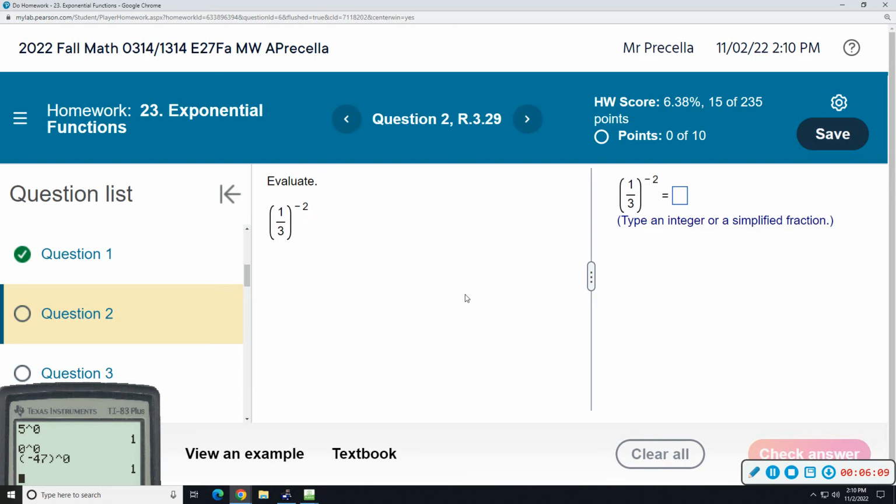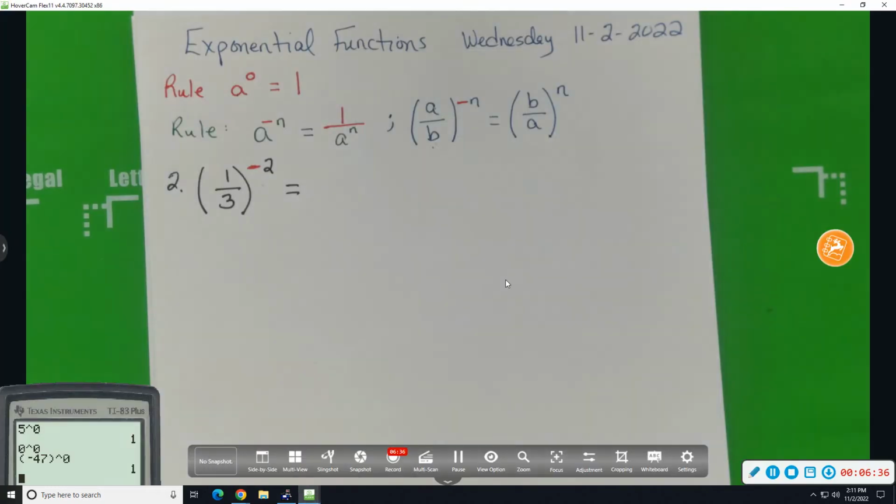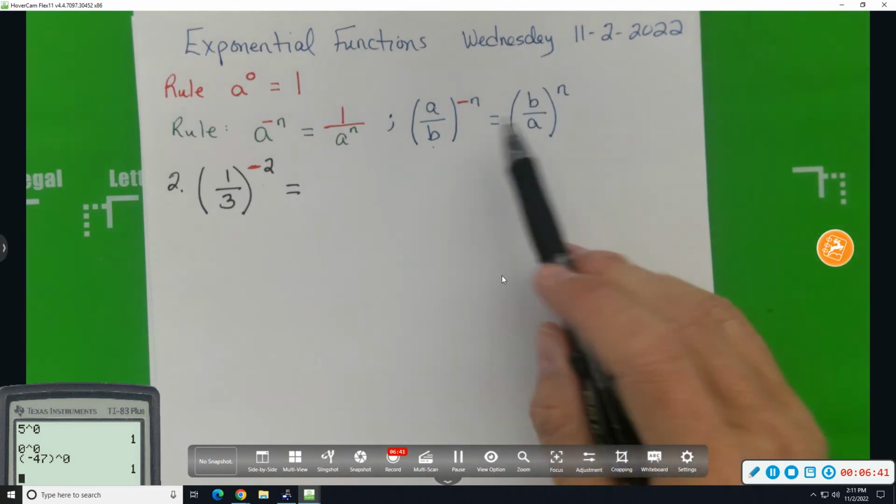1/3 to the negative 2 power. That would be this rule right here.